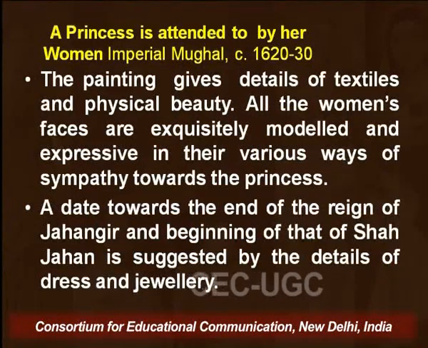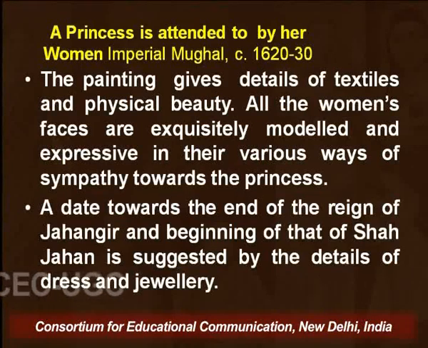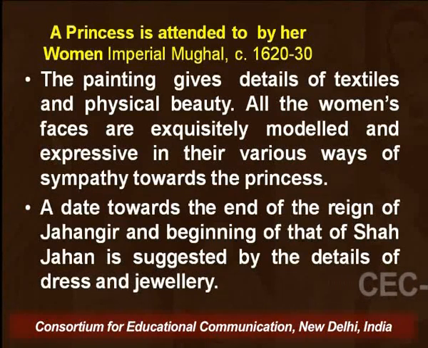In some of the paintings, a princess is attended to by her women, and these kinds of paintings started appearing from the 1620s onwards. These paintings give details of textiles, physical beauty, and grandeur, and all the women's faces were exquisitely modelled and expressive, and all of them would be looking towards the princess.